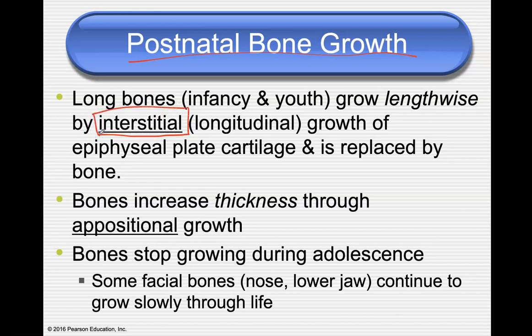But postnatal bone growth, after you're born, you're going to have these two forms of growth. And one is called interstitial growth, and that's basically just the growth of a long bone in length. Okay, so long bones grow lengthwise by this special process that we call interstitial growth. This growth will happen at the epiphyseal plate cartilage, and it will happen as that epiphyseal plate cartilage grows and then is replaced by bone.